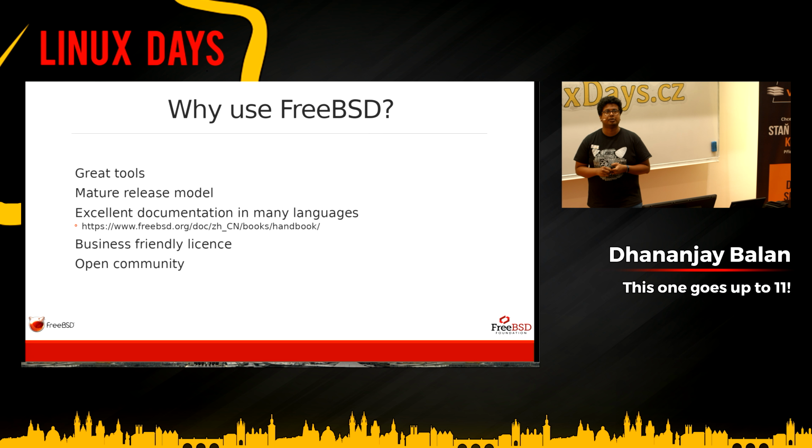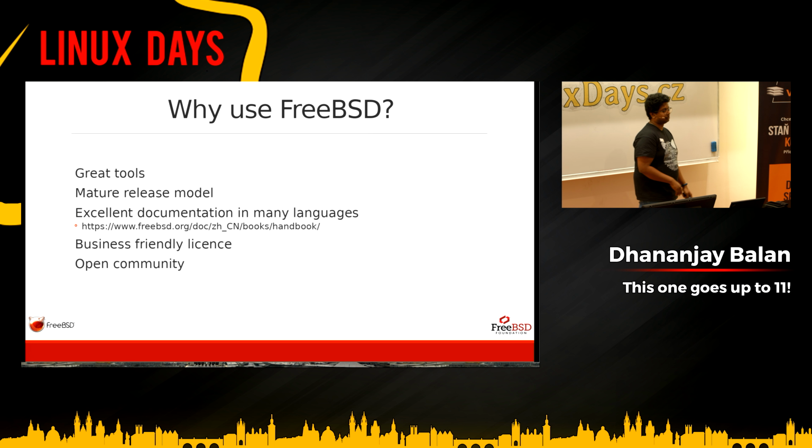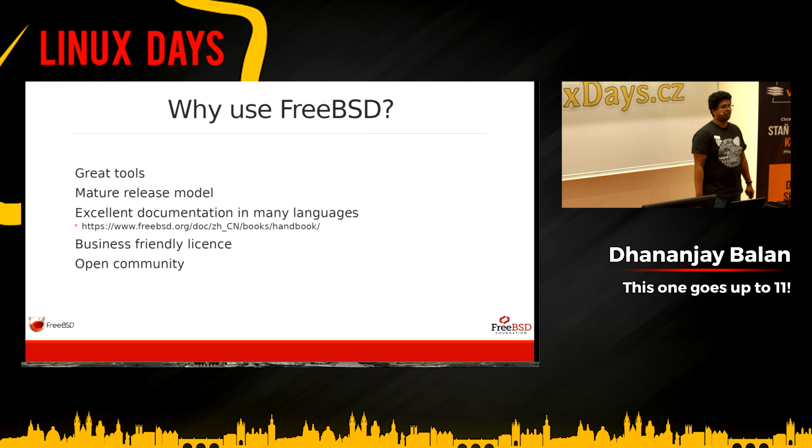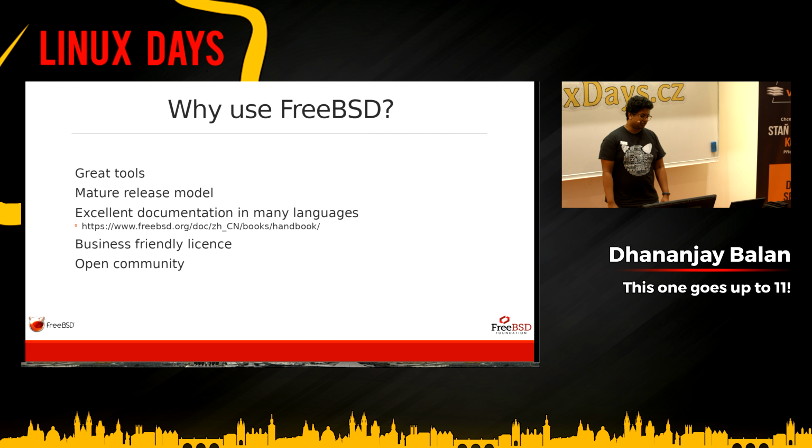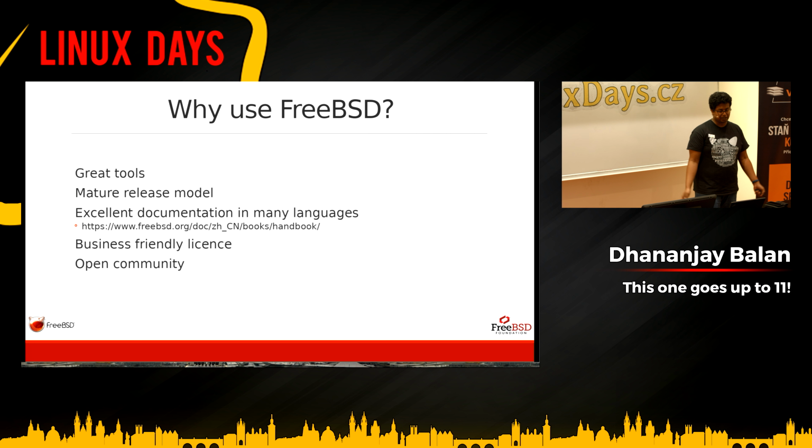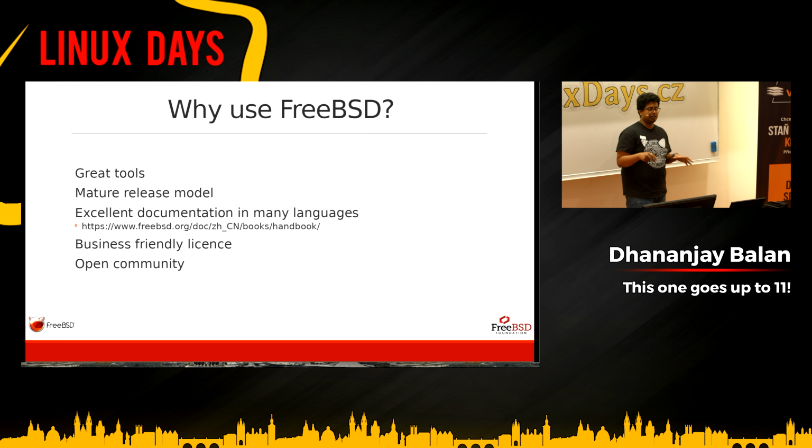So if you have done any embedded development, you know that you get a tree, you try to recompile it for a hardware, then you realize that all your tooling expects some particular minor version of your libc, or your debugger does not understand your APIs because they were changed. So we don't have any of those problems. When you get a certain version of a tree, all our tools work together, and they work together well.